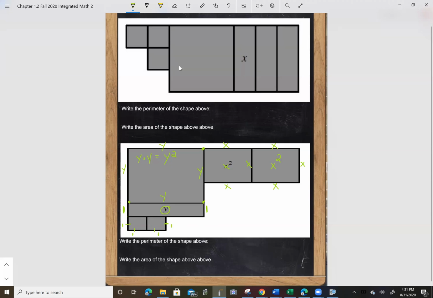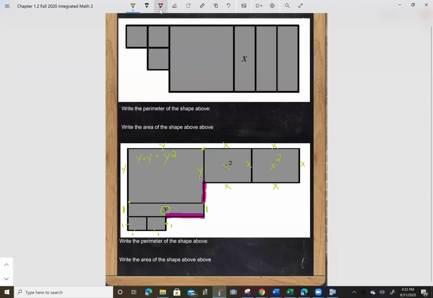We need to be able to figure out the distance from here to here, and also from here to here, because we don't know what they are. We know both distances are part of y, right? So let's go back to pretending that instead of y, this was 10.